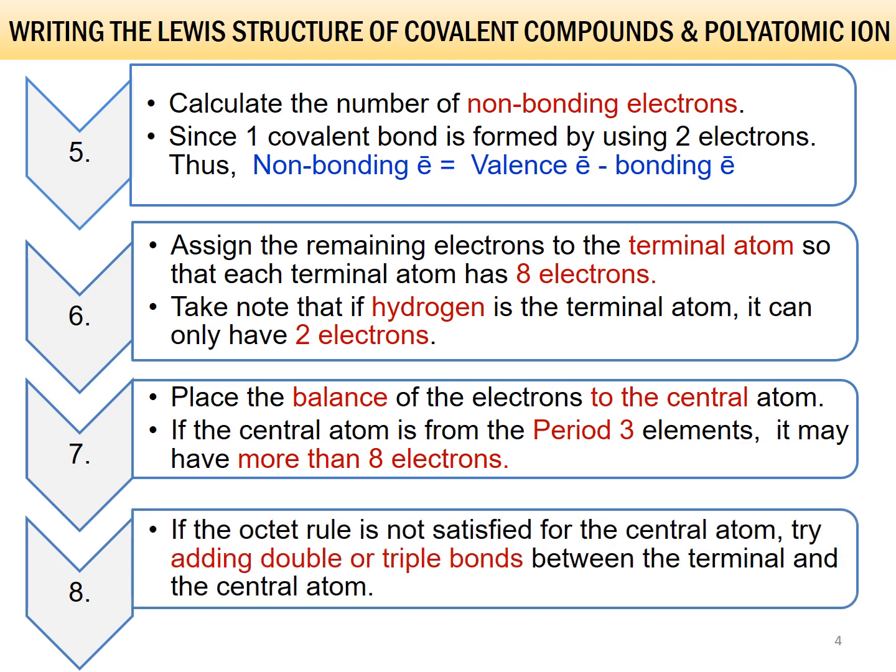If there are not sufficient electrons available to complete the octet of the atoms, move lone pairs of the terminal atoms to form a double or triple bond with the central atom. Convert a single bond to a double bond if there is a shortage of 2 electrons, or convert a single bond to a triple bond if there is a shortage of 4 electrons.